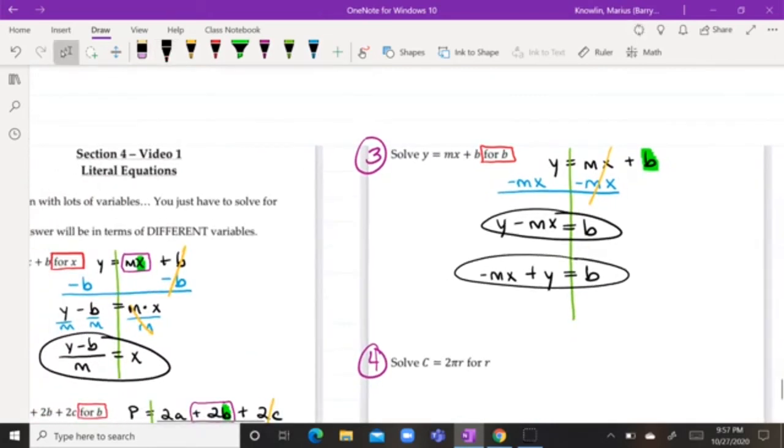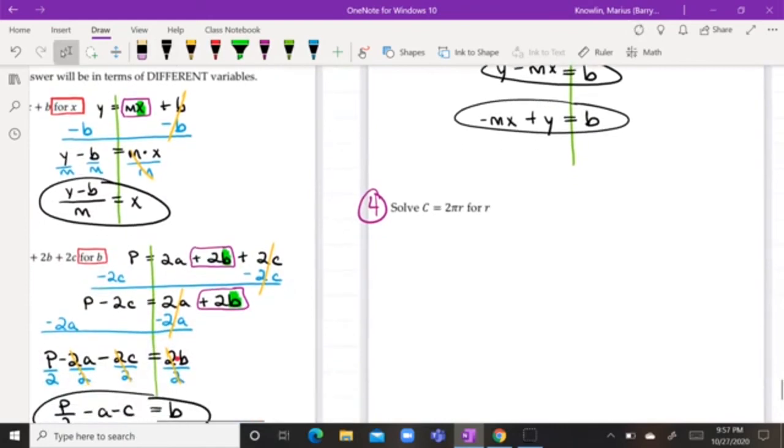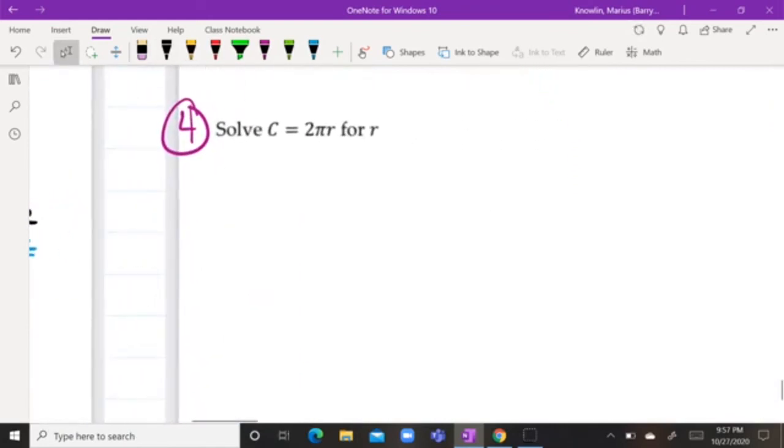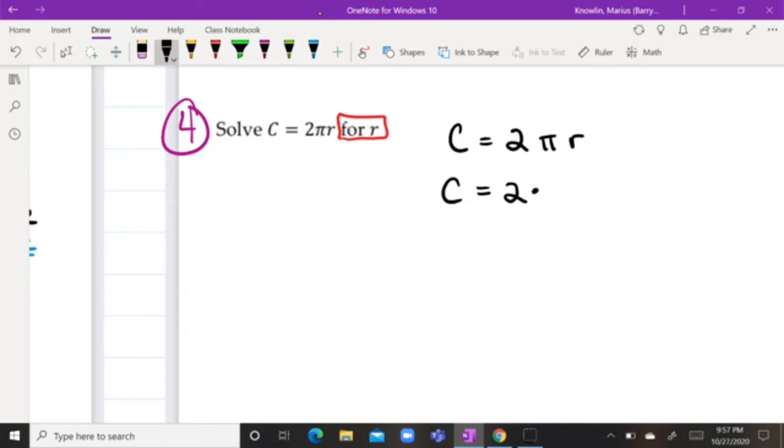Alright. So let's take a look at number 4, and then we'll be done with solving literal equations part 2. Now they want us to solve for r, and the equation is c equals 2 pi r. So c equals 2 pi r really means c equals 2 times pi times r.